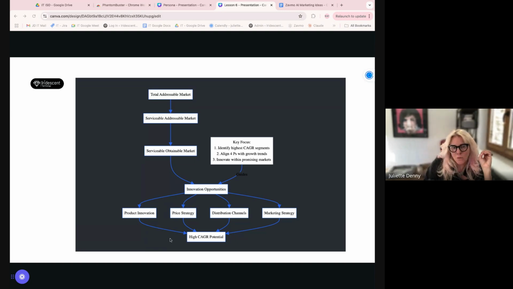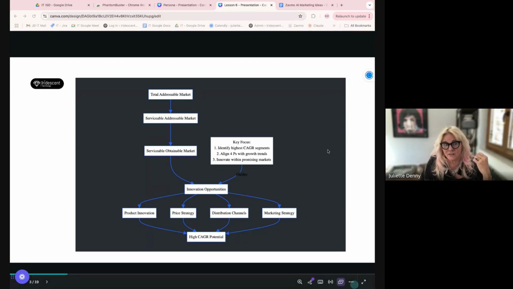And this will allow you the opportunity to be a small boat in a place where the tide comes in the highest in the bay, right? Because this is what we want. We want more impact for the same amount of time, effort, and energy, right? And that is really why we look at compound annual growth rates.